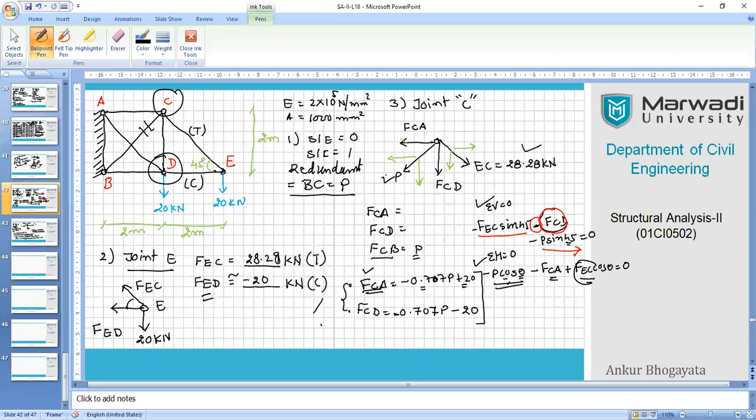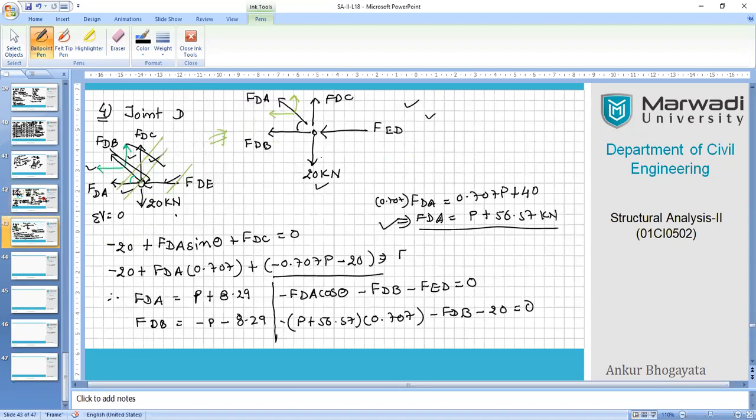And there is no need to bring the negative sign again along with us, because we have already changed the sign of this member, which is otherwise in tension, but we have shown it as in compression. So we have already taken care of the numerical sign. So here it should be only 20, not negative 20. That care should be taken.